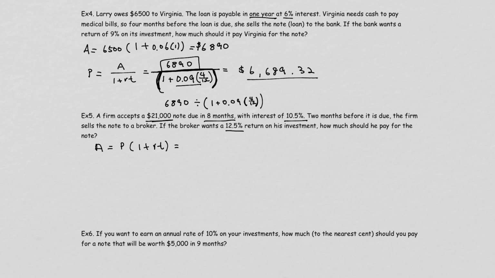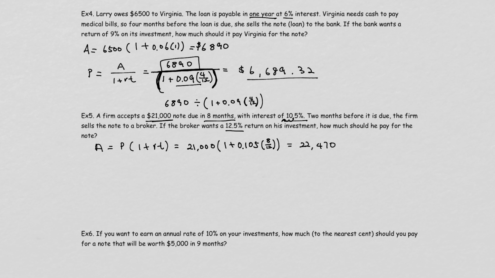Principal is 21,000, times 1 plus 0.105, because we change this to a decimal by moving the decimal point two spaces to the left, and times t. 8 months is going to be 8 over 12. When you plug this into the calculator, you will get 22,470.